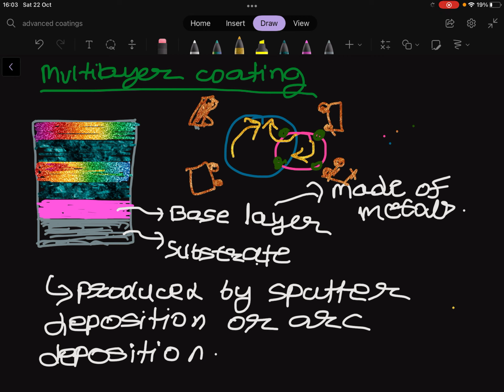So we are inside the deposition chamber under vacuum. This green circle represents the object to be coated, and these external rectangles are deposition sources. So if we are using a sputtering process, these are the deposition targets.